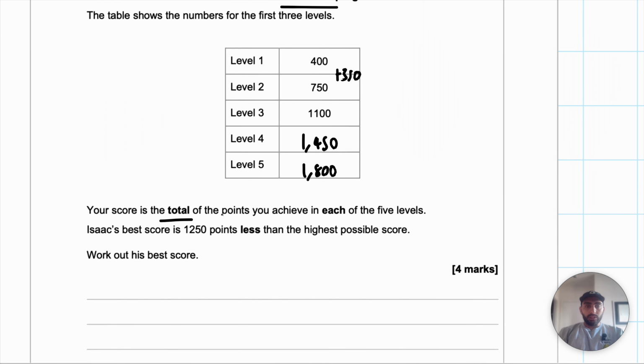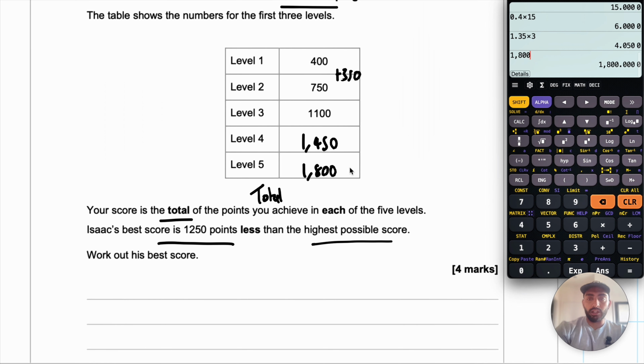Your score is the total of the points you achieve in each of the 5 levels. Isaac's best score is 1,250 points less than the highest possible score. Work out his best score. So this is saying your score is added up with all of these, whatever you get in each level. And Isaac got 1,250 less than the best possible score that you can get. So we're going to need to find the maximum possible total score that you can get, and then we're going to take away 1,250.